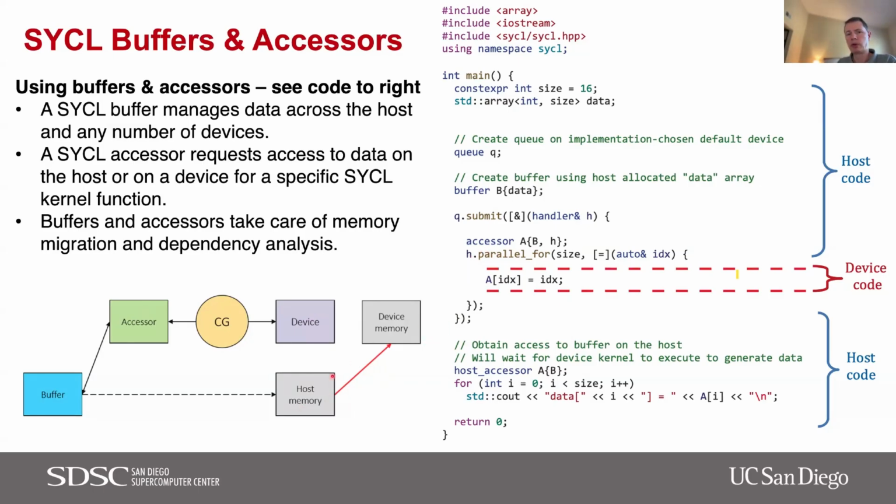It will allocate the memory and copy the data to device memory automatically, and then you can access the data on the device. The same when you come back and say, now I need access on the host again: with the host accessor function, the data will be automatically copied back at this point.